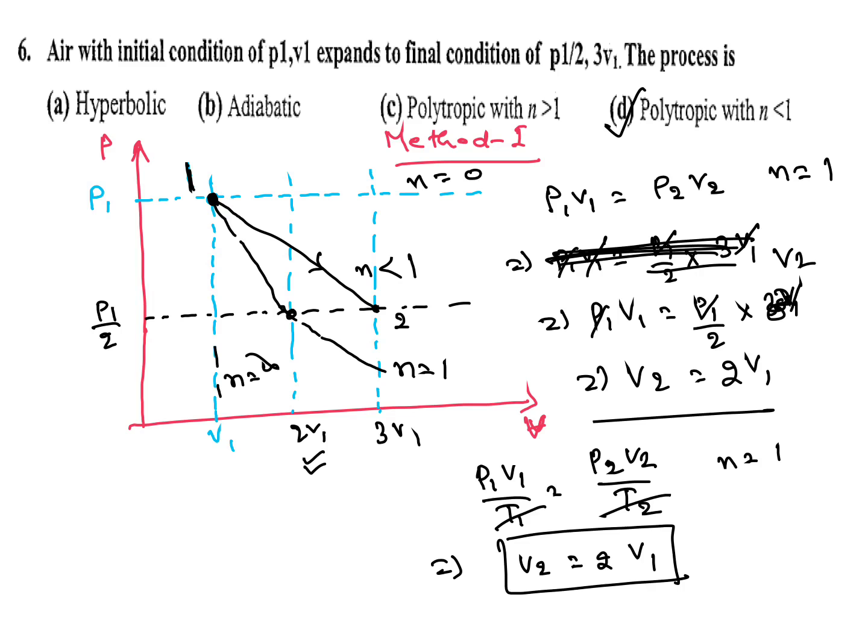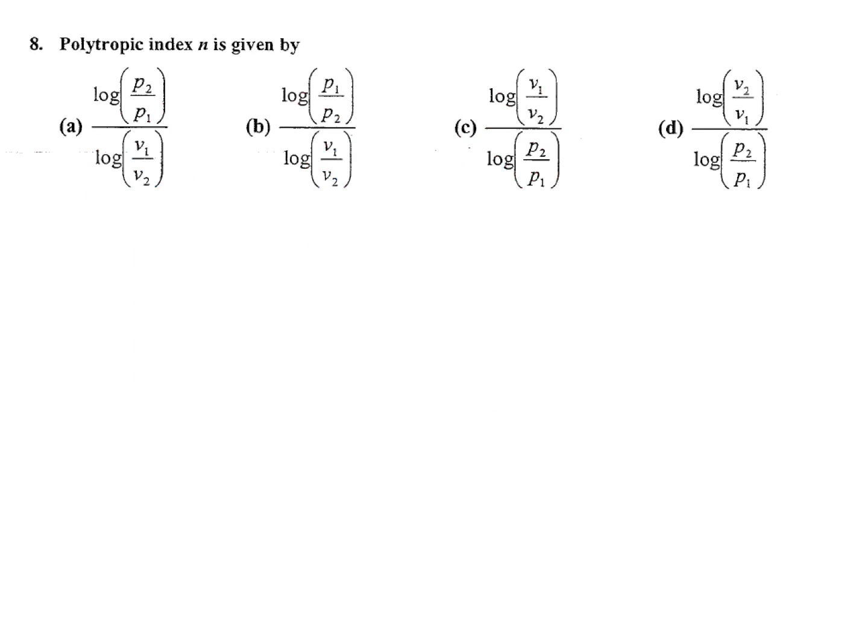Polytropic index n is given by how much? Polytropic process: P V to the power n is constant. So P1 V1 to the power n equal to P2 V2 to the power n. So P2 by P1 equal to (V1 by V2) whole to the power n.